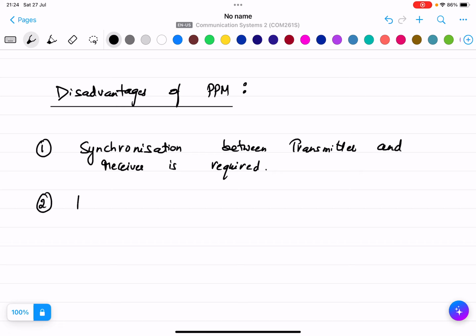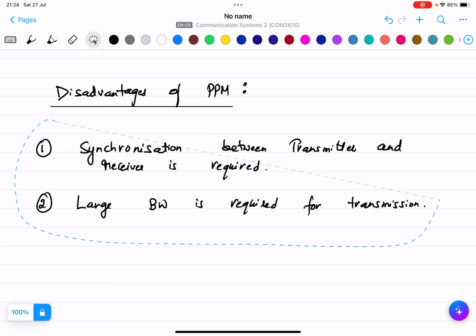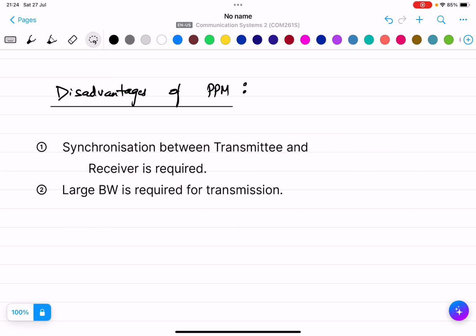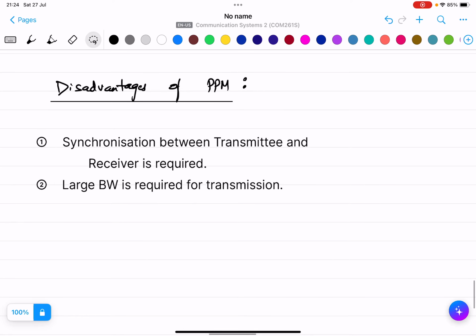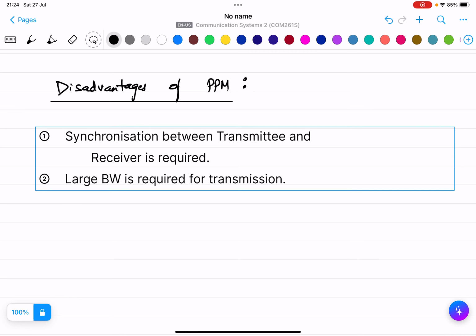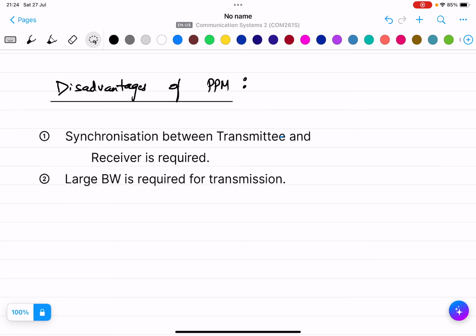And second, large bandwidth is required for transmission. So these are the disadvantages. Large bandwidth is required, which is the major disadvantage. As you have seen, it is a disadvantage in each and every case. And synchronization between transmitter and receiver is required.